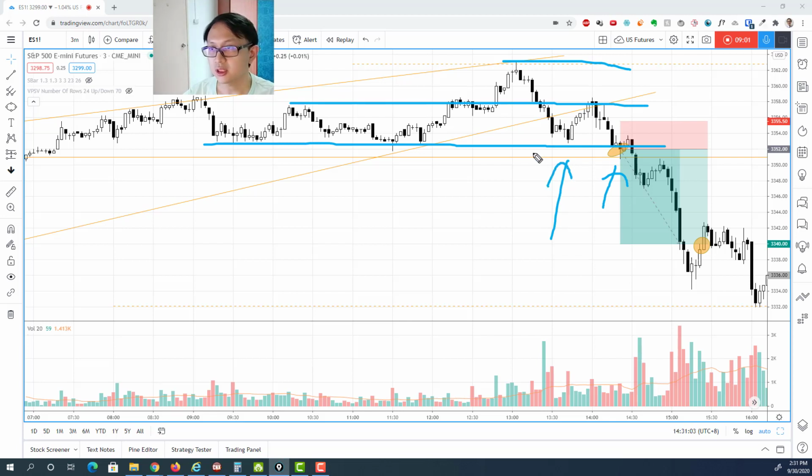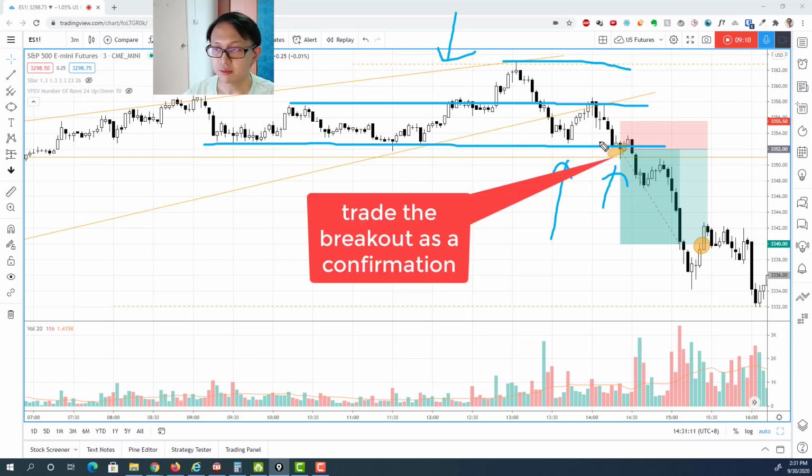So not only do I rely on this rising wedge, I also rely on the horizontal support level, because I just want to get a confirmation before I commit myself to enter a short trade.